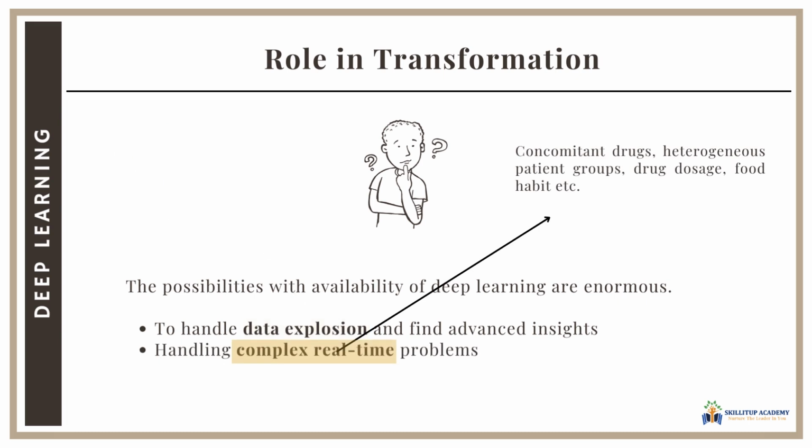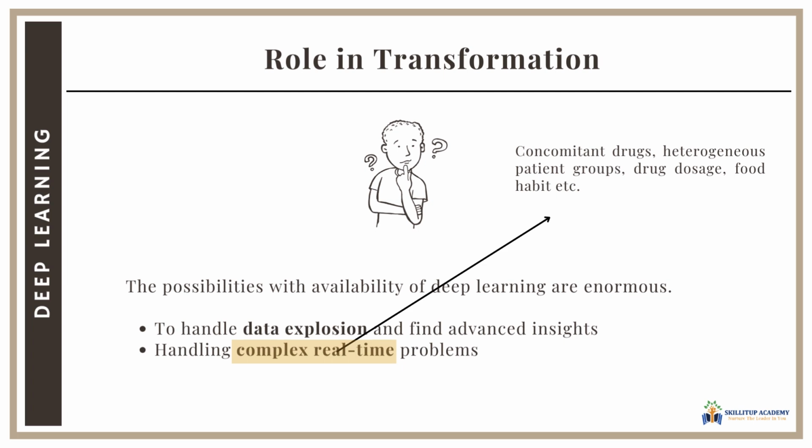The next reason is solving complex business problems. Solutions to complex business problems may be dependent on many factors. In case of an adverse event and a drug's association with it, there can be many factors like the concomitant drugs, the diversity of the patient groups, the dosage, food habit, and there are so many other factors as well.